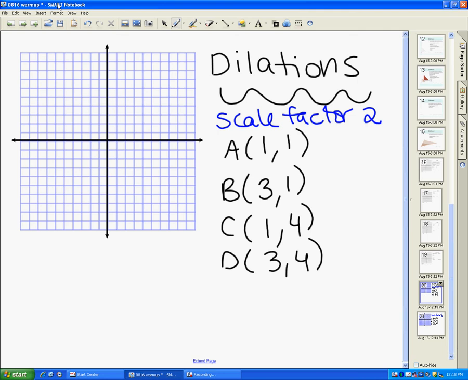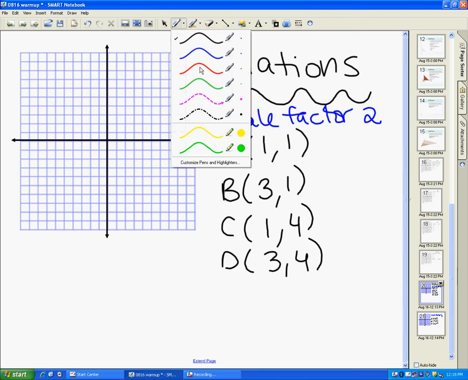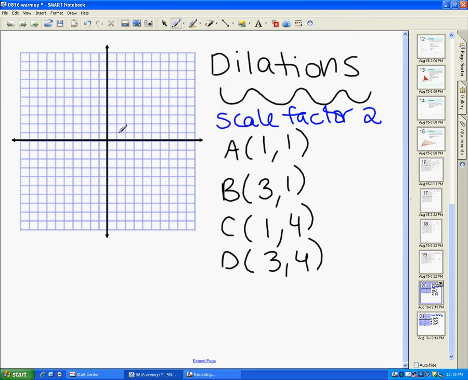So let me do a couple of examples. First I'm going to plot these 4 points, and then I'm going to dilate them using a scale factor of 2. I've got point A, which is at 1, 1. I've got point B, which is at 3, 1. I've got C, which is at 1, 4.